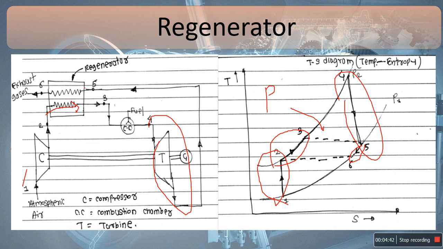Here the exchange of heat is carried out. In 5 to 6 the regenerator loses its heat and the temperature goes down. And in the 2 to 3 process, the compressed air becomes hot by absorbing heat from the regenerator.